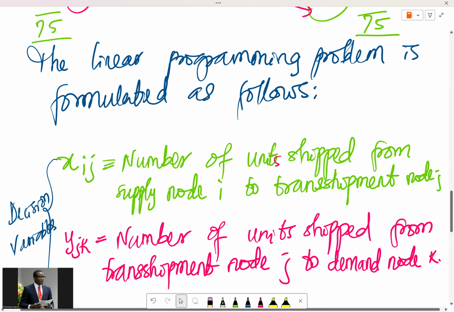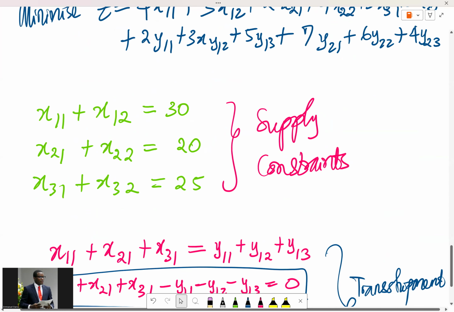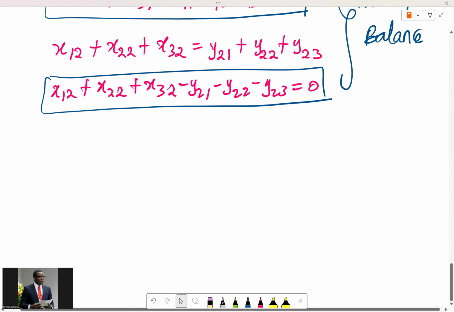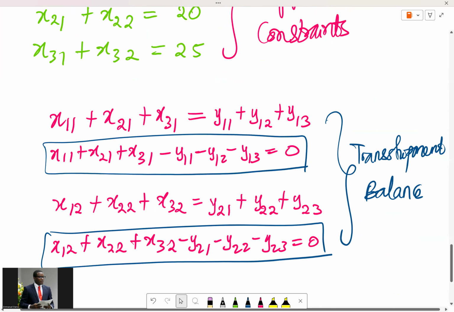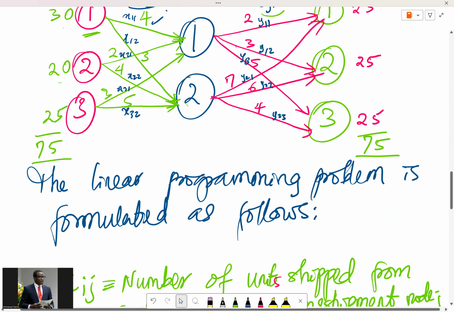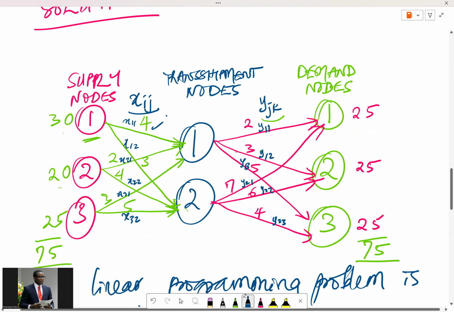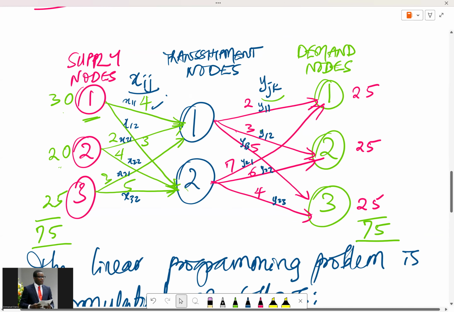In this case, we have equality constraints because everything has got to be supplied and everything has got to be received also, right?